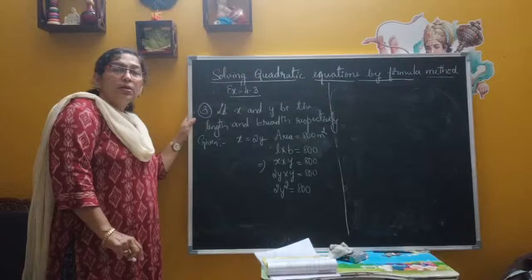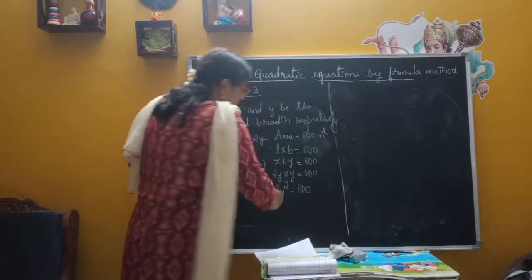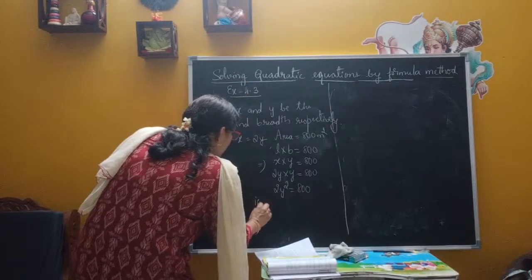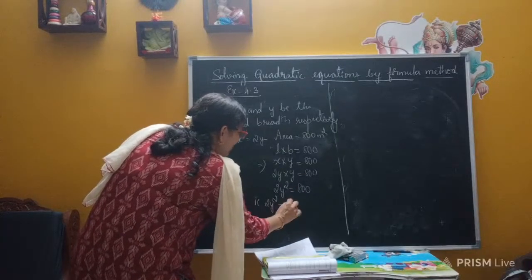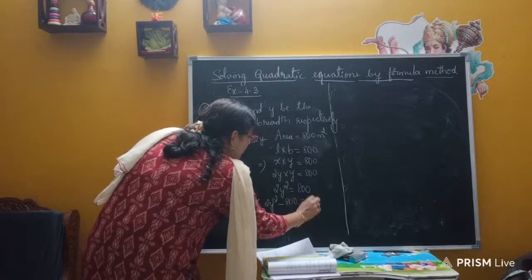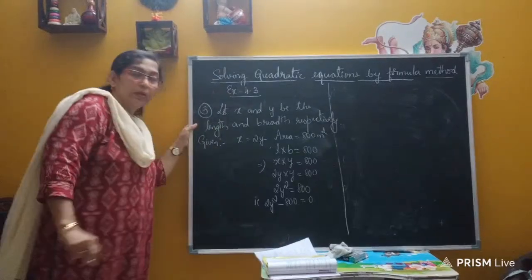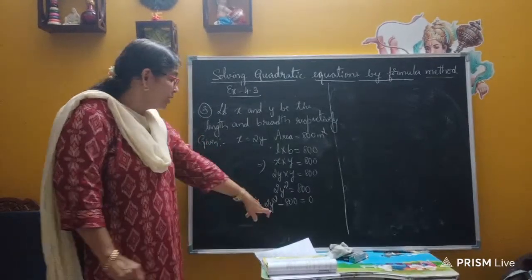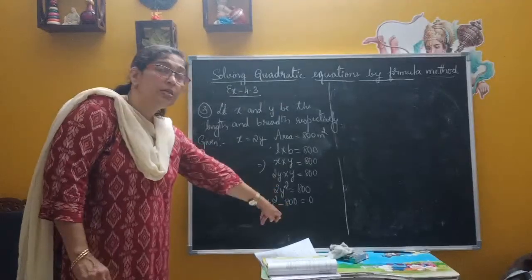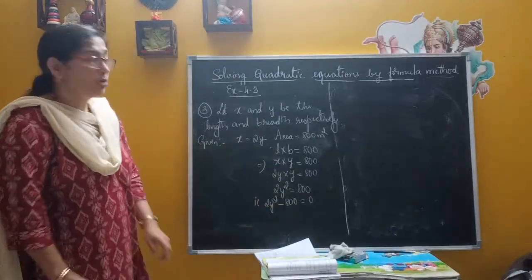Let us bring this to the standard form. That is 2y square, I transpose 800 to LHS, minus 800 is equal to 0. Okay, so this is the quadratic equation. We have y square, degree 2. Therefore, yes, it is the quadratic equation.